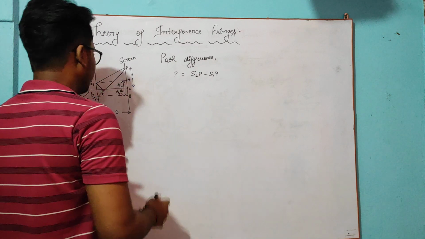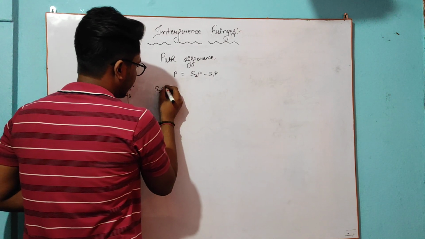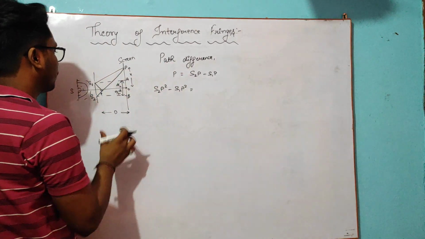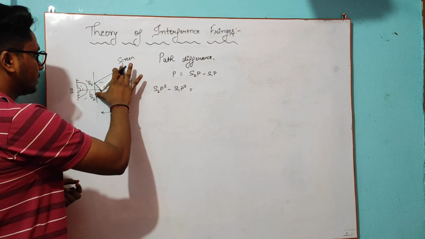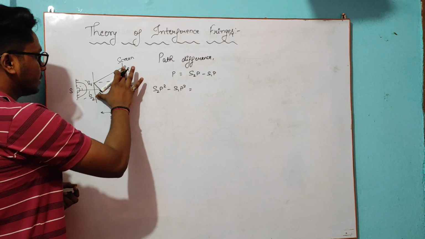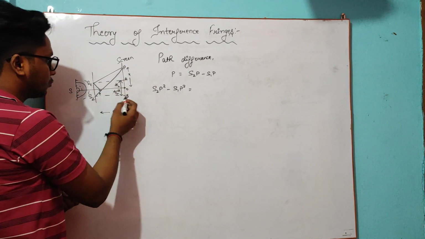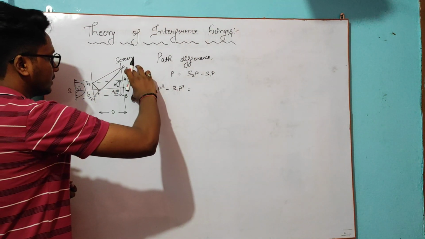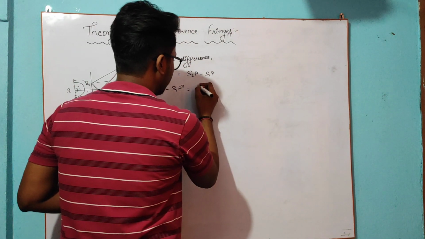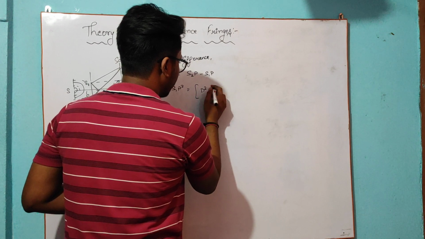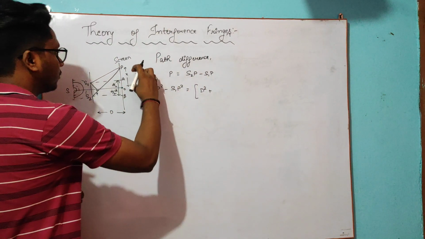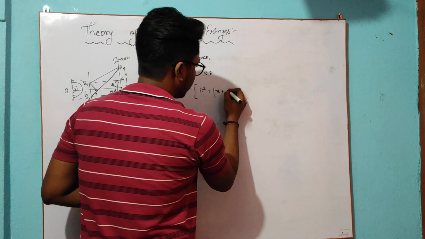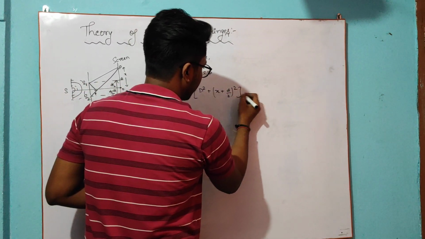Now firstly determine the value of S2P square minus S1P square. S2P square is this distance, the hypotenuse of triangle P, S2 and B, so it is equal to this square plus this square: D square plus, now this is x and this is d by 2, so (x plus d by 2) whole square.